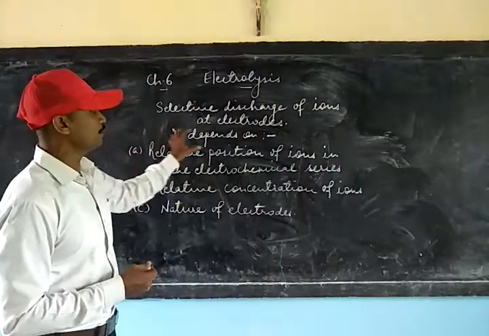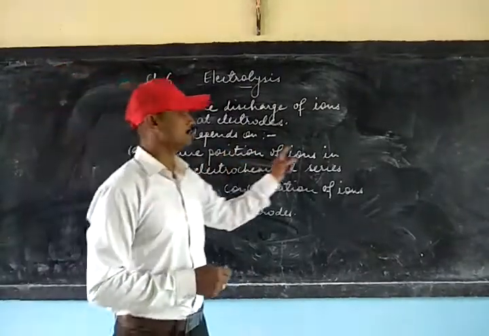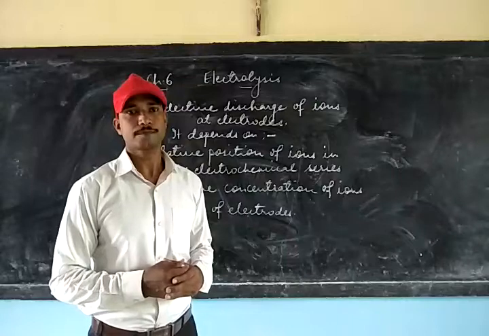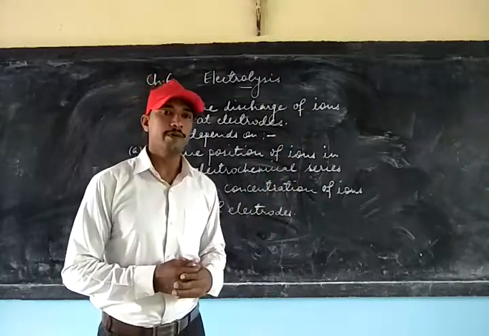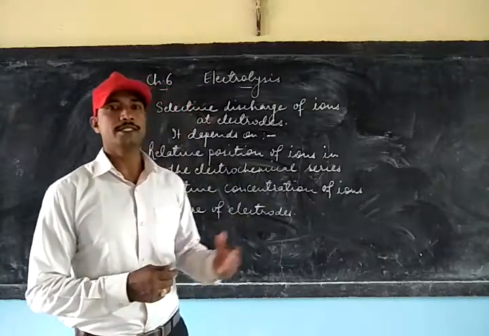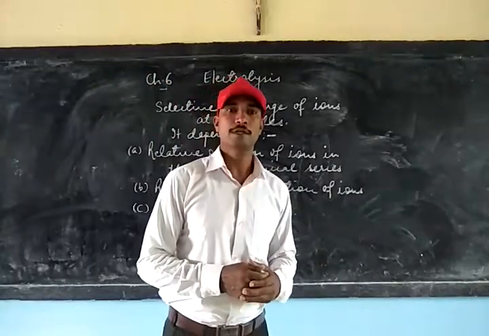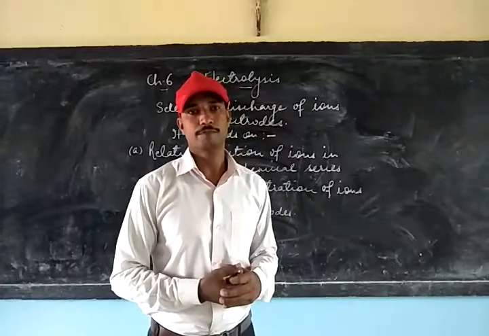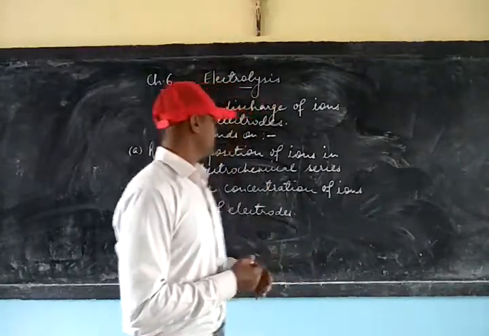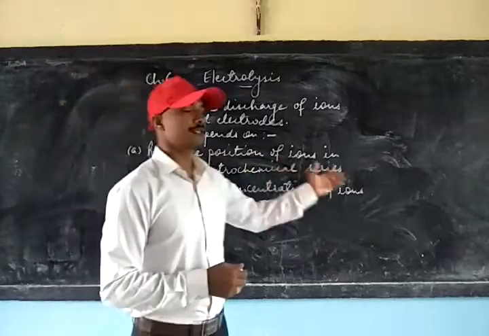First is the relative position of ions in the electrochemical series. In that series, the ions which get the lower position will be discharged first. Second factor will be the relative concentration of ions.